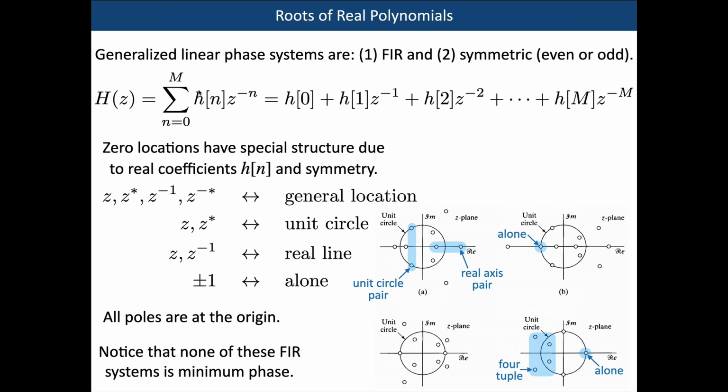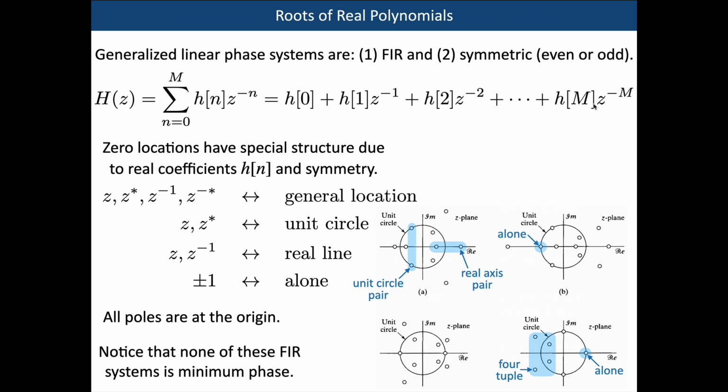Here I have a finite impulse response filter, h of n, and its z transform written out. If you write this out, you get h0 plus h1 z to the minus 1 plus h2 z to the minus 2, and so on, out to hM z to the minus M. This is a polynomial in z to the minus 1, and the order of this polynomial is M. So we would say that this FIR filter has order M. What's the length of this filter?